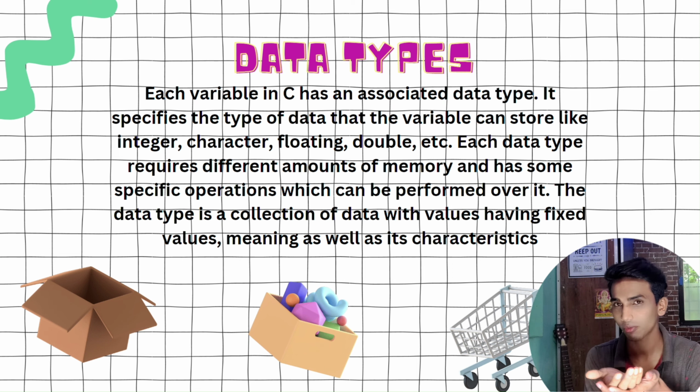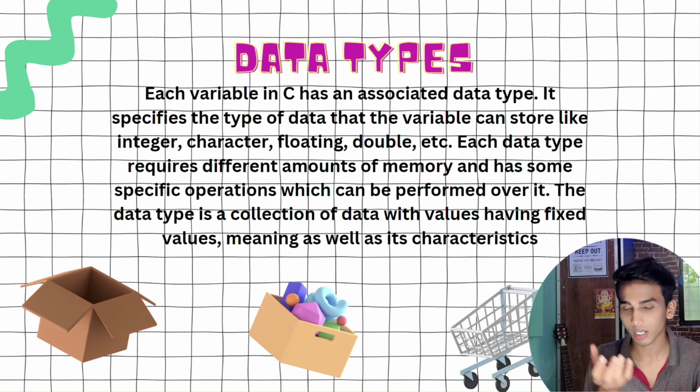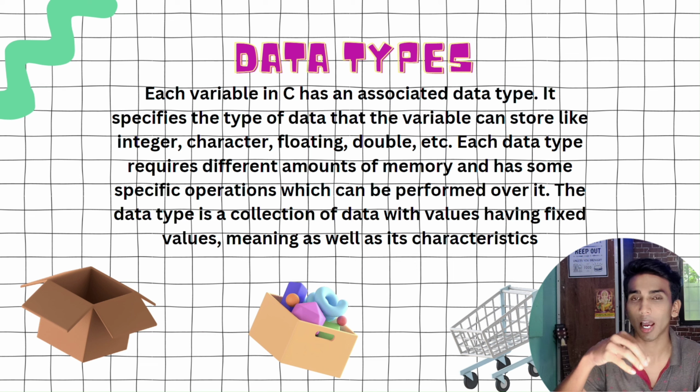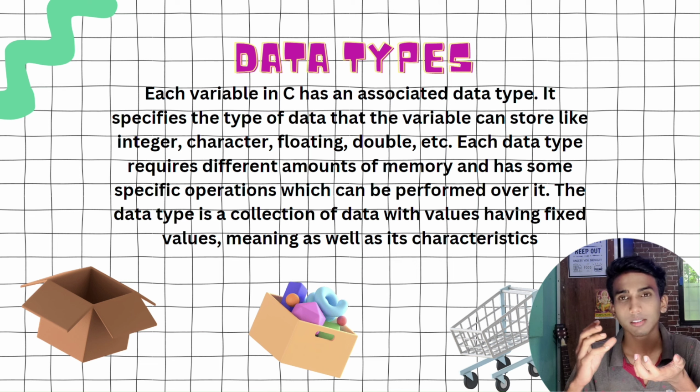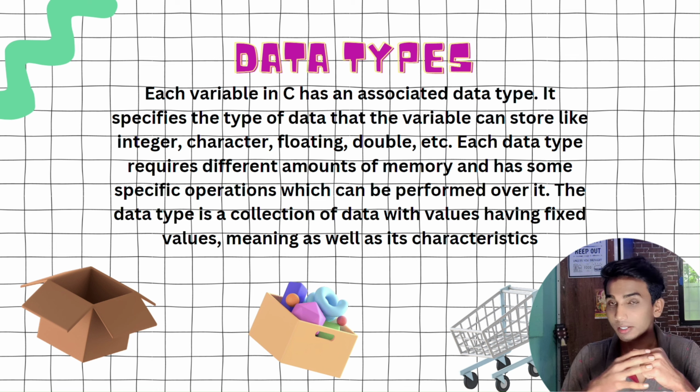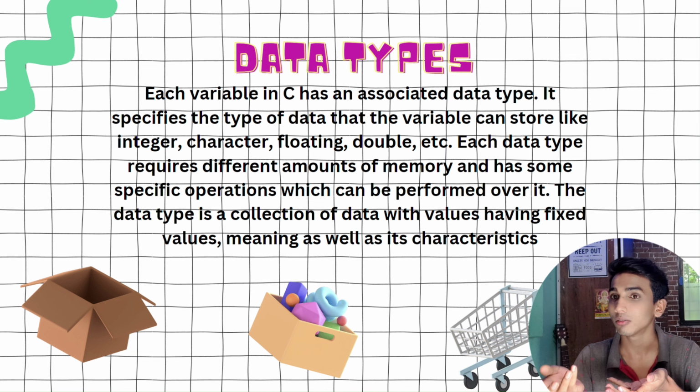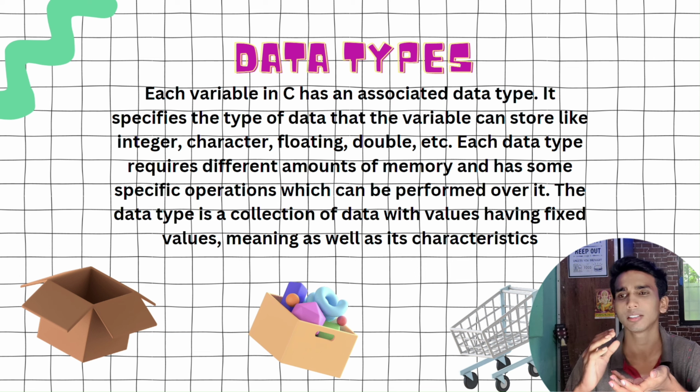Variables are a sort of container, but what the container is actually going to hold inside it, that type of data, is what a data type is. The data type says what sort of thing the variable will store inside it. That is the simple fact about a data type.